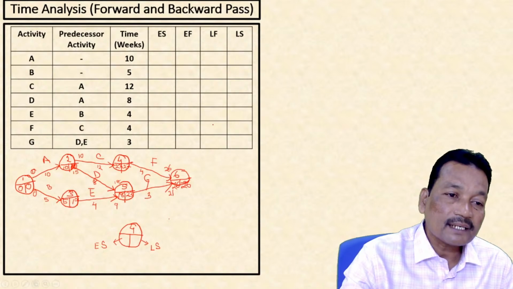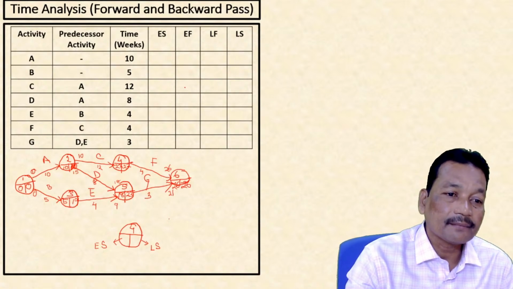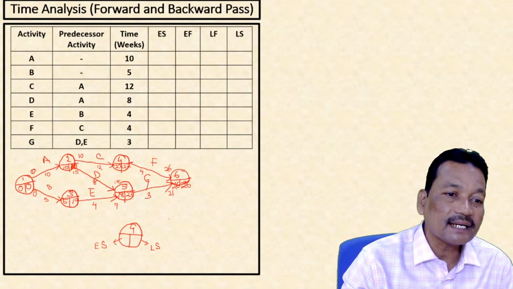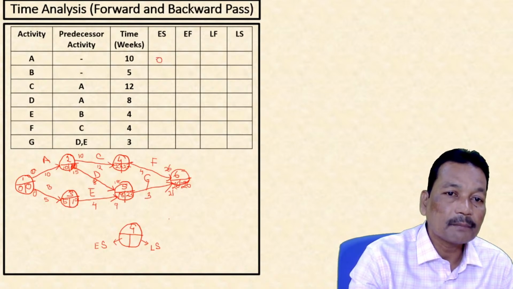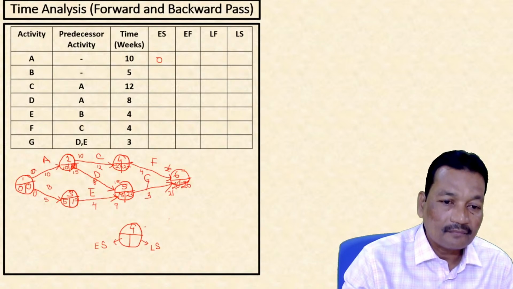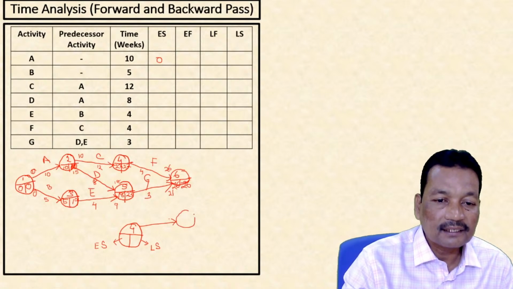Now what do I do? Activity A: what is the earliest starting time? Now it is 0. I put 0 here. Earliest finishing time, suppose 4 and 6.